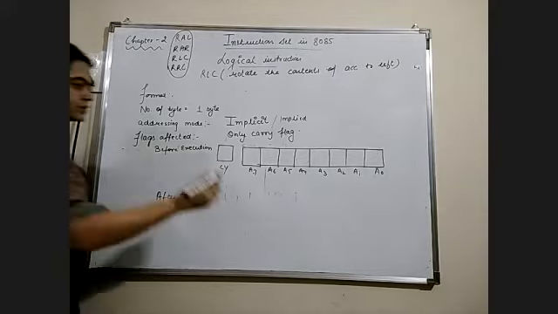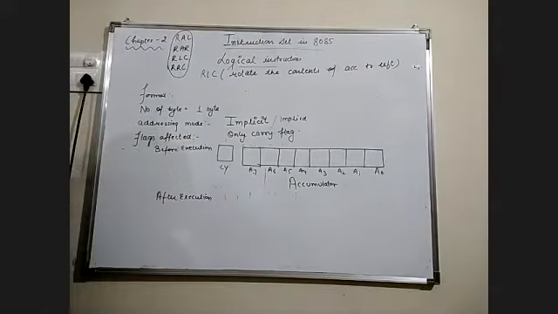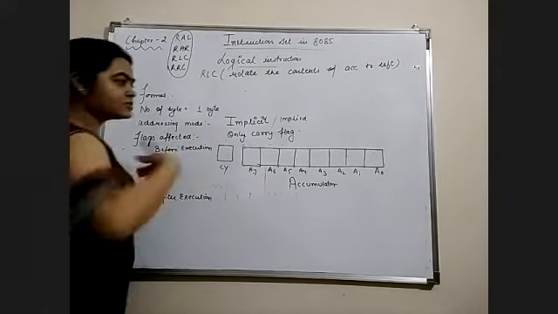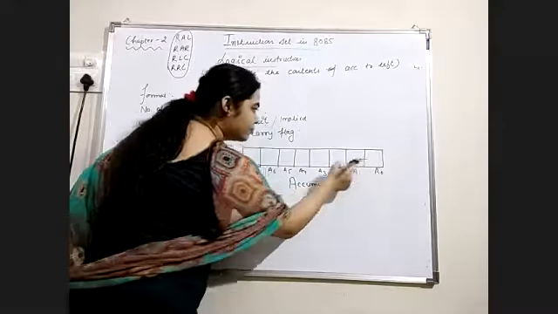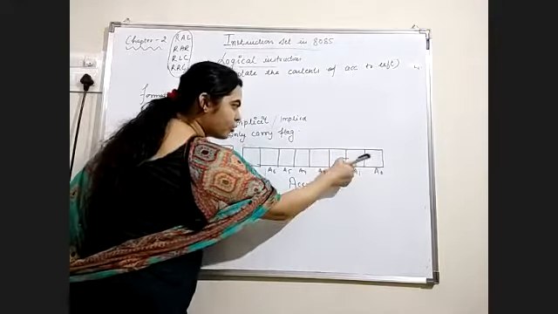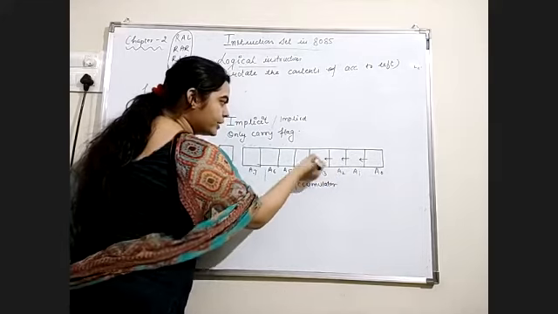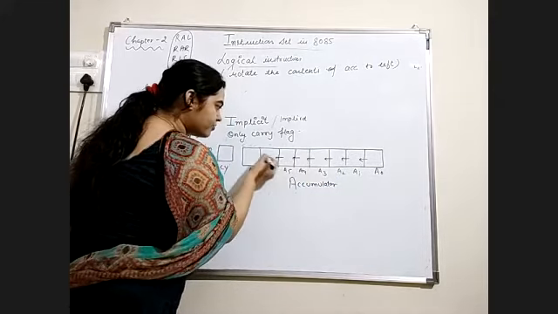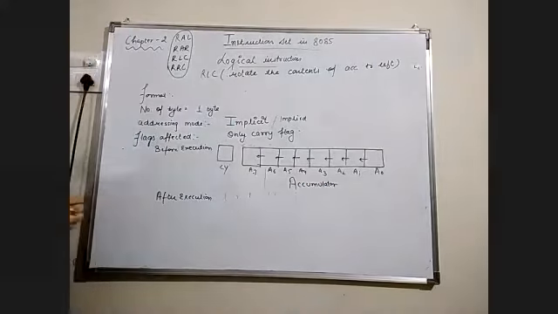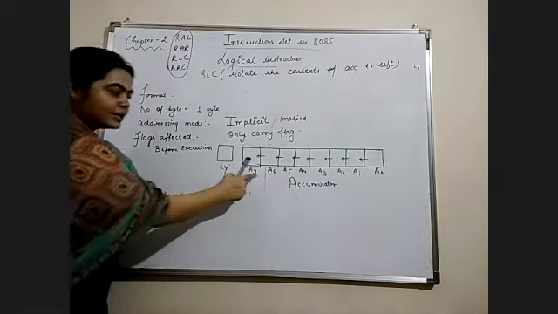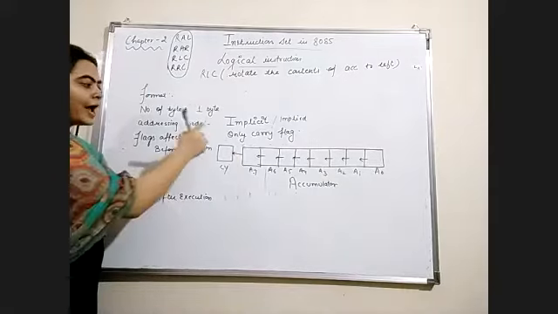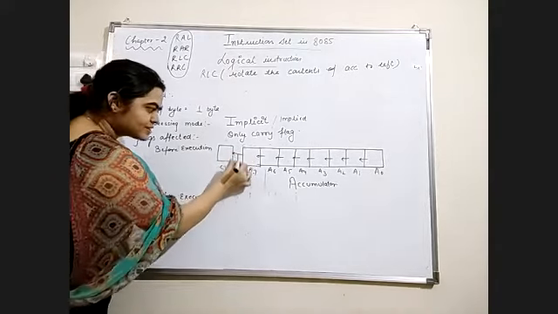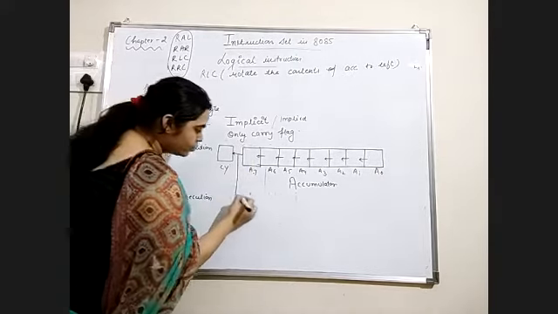Now according to this instruction, whatever bit we have in A0 will be moved into A1. The bit of A1 will be moved into A2. So every bit will be shifted 1 position to the left, and the contents of A7 will move into the carry flag, as well as into A0.